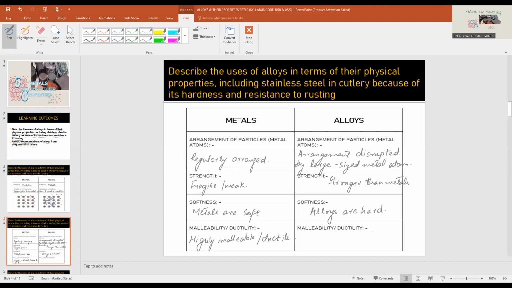On the other hand, the alloys are less malleable and ductile. This is because large-sized metal atoms disrupt the regular arrangement of metal atoms, which makes it difficult for the metal atoms to slip or slide when struck.